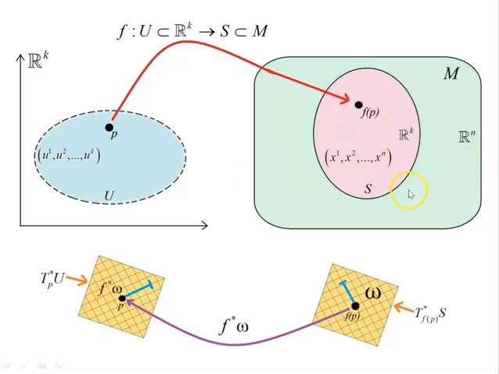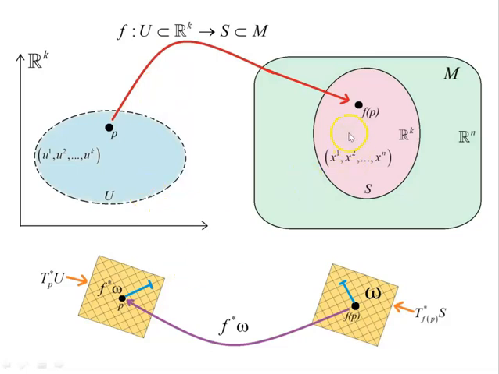So here we are again. We've got our map F from the open set U contained in R^k into the surface S contained in M. The manifold M is R^n. The manifold here, U, is in R^k. We have a point P that maps to a point F of P under this map.